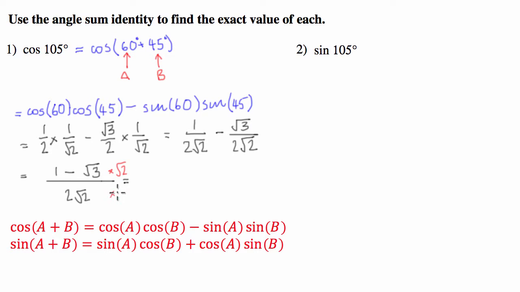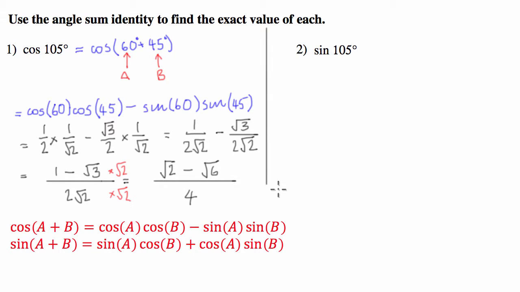Then the base is going to be 2 times the square root of 2 times the square root of 2, which makes 4, because the square root of 2 times the square root of 2 is 2, multiplied by 2 is 4. Then the square root of 2 is times by 1, so that's just going to be the square root of 2. Subtract the square root of 3 times the square root of 2, which is the square root of 6. And that is our solution for the first problem.